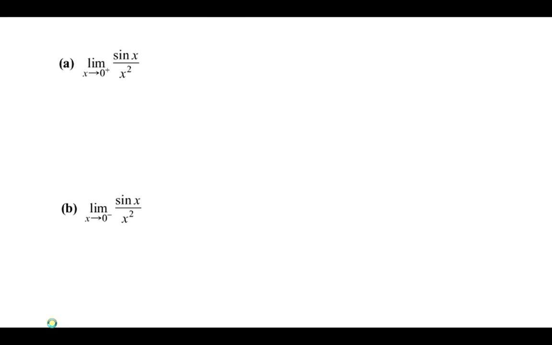Now let's look at the limit as x approaches 0 from the right of sine of x over x squared. Plugging in, we get 0 over 0. We try L'Hopital's rule, and we get the limit of cosine of x divided by 2x.